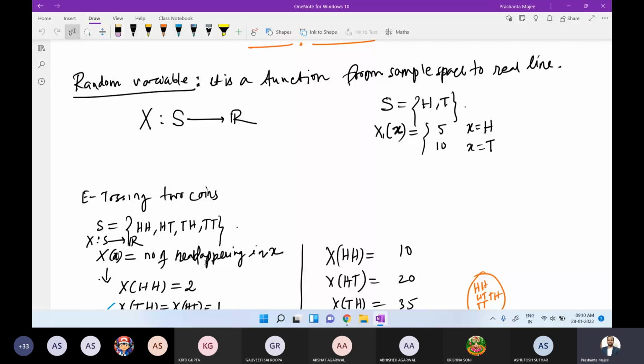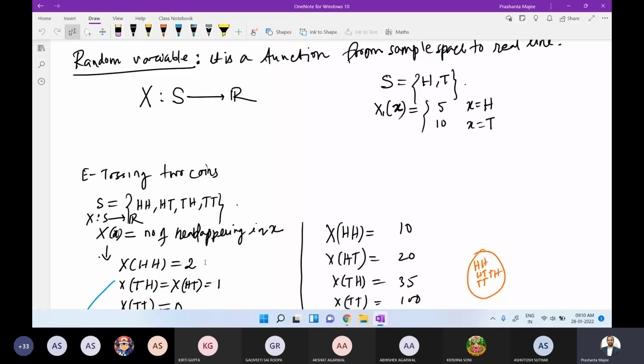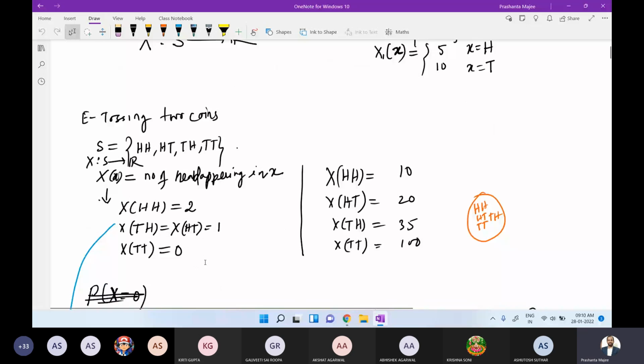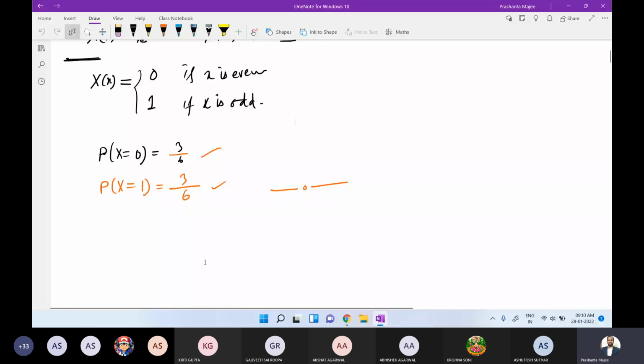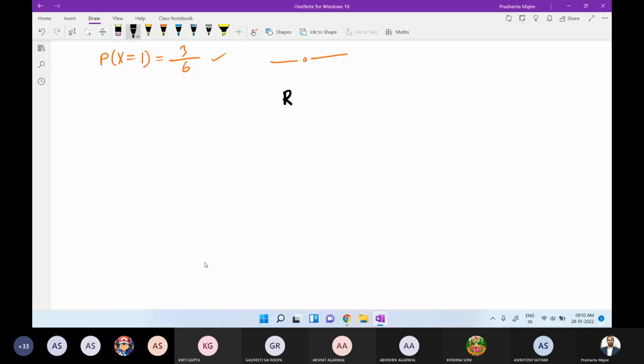Here we are going to consider some well-known random variables which are frequently used. First we will classify random variables into two groups: continuous random variables and discrete random variables. Let me write down in short. A random variable is not a variable, it is a function, a real valued function from sample space to real line.